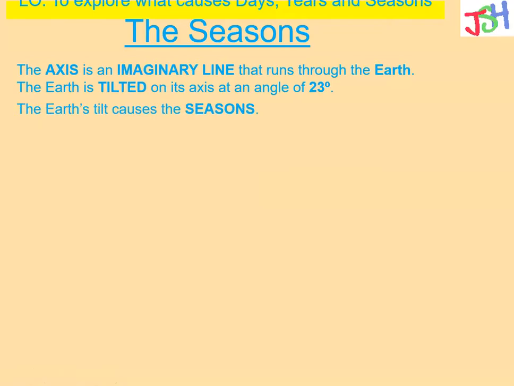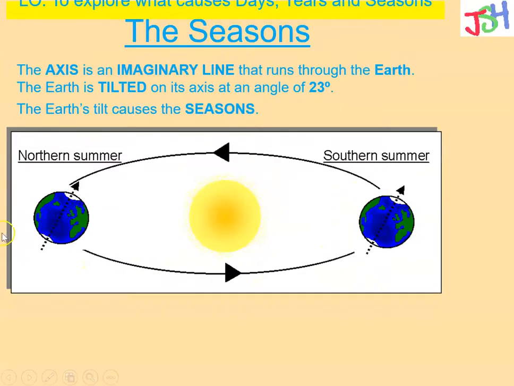Usually the Earth has an imaginary line which we call the axis, and the Earth is tilted on its axis at an angle of 23 degrees. So the tilt of the Earth is what causes the seasons.